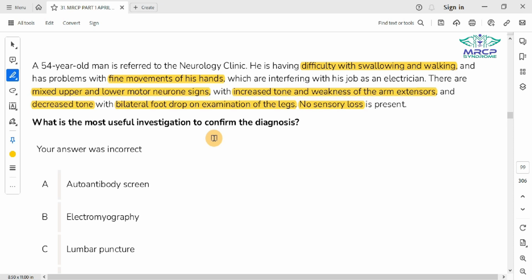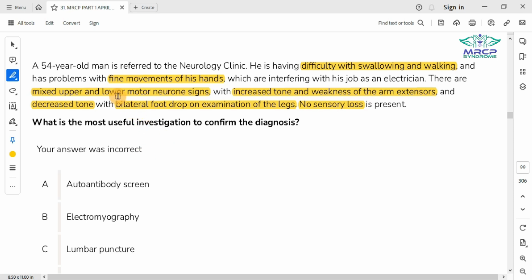There are mixed upper and lower motor neuron signs, with increased tone and weakness of the arm extensors and decreased tone with bilateral foot drop on examination of the legs. No sensory loss is present. What is the most useful investigation to confirm the diagnosis?